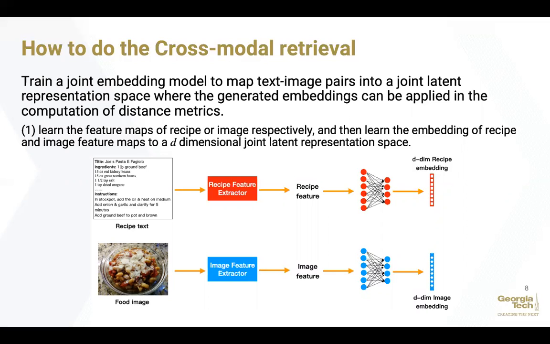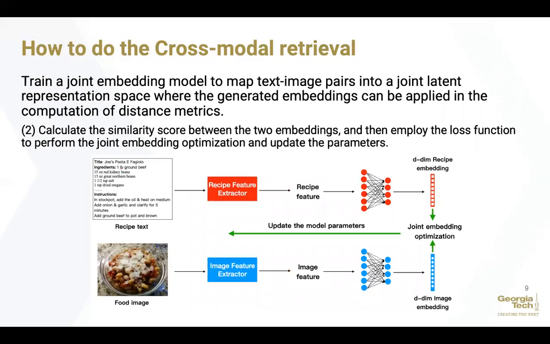Step 1, we need to learn the feature maps of the cooking recipe and the food image respectively, and then map the embeddings of the recipe and image feature maps onto a d-dimensional joint latent space. Step 2, calculate the similarity score between the two embeddings, and then employ the loss function to perform the joint embedding loss optimization and update the parameters iteratively.